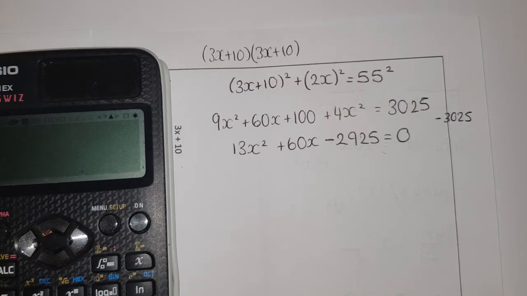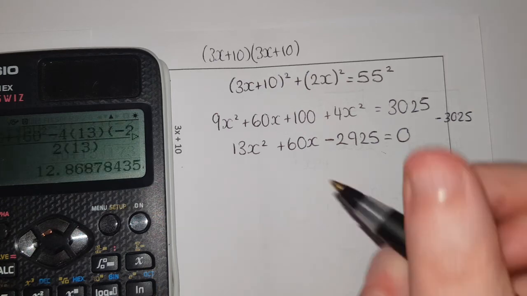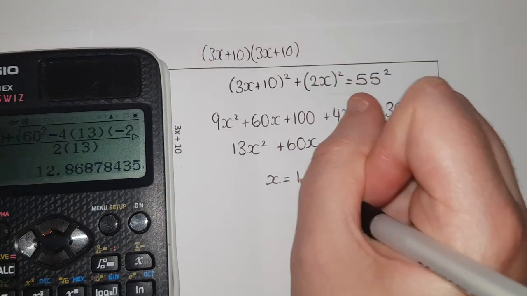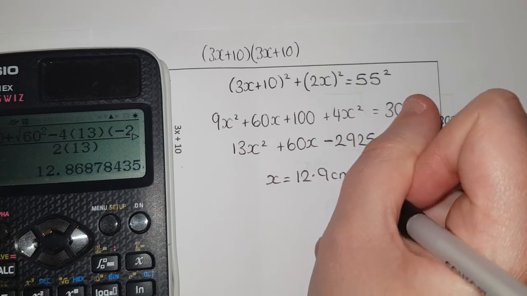So quadratic formula, we've got minus b plus or minus the square root of b squared minus 4ac all over 2a, and I get an x value of 12.9 centimeters.